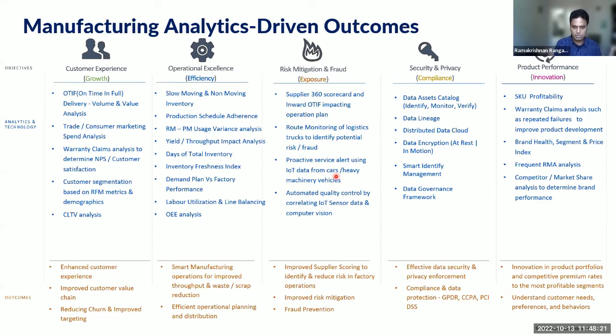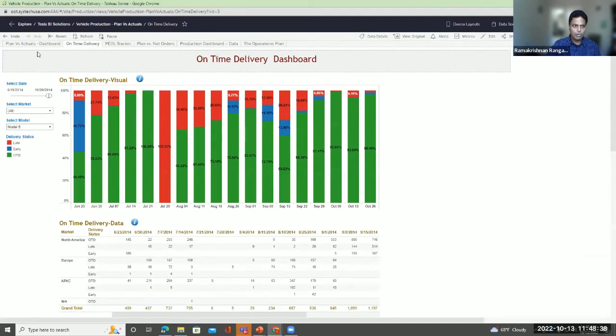What else can we do apart from the traditional analytics? So I want to take a couple of examples focused on production planning, if you will, and just show you a few of the dashboards that can help you do that, right?